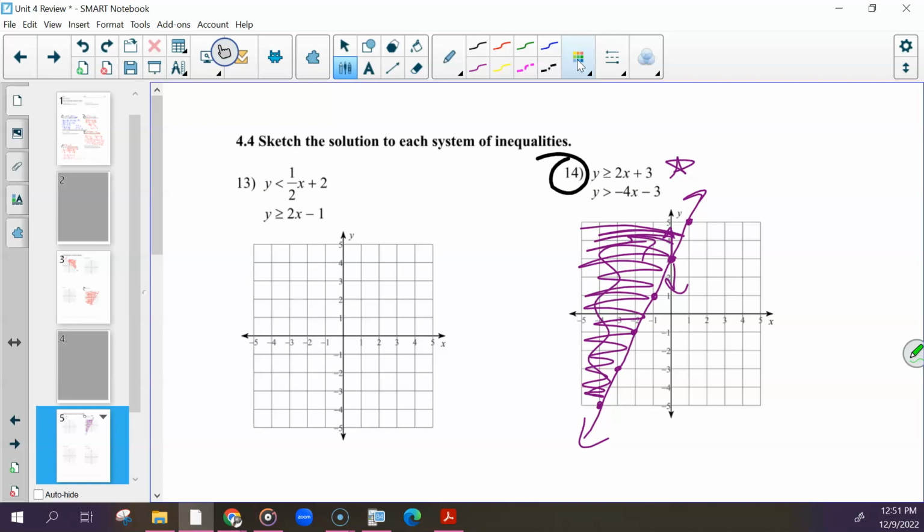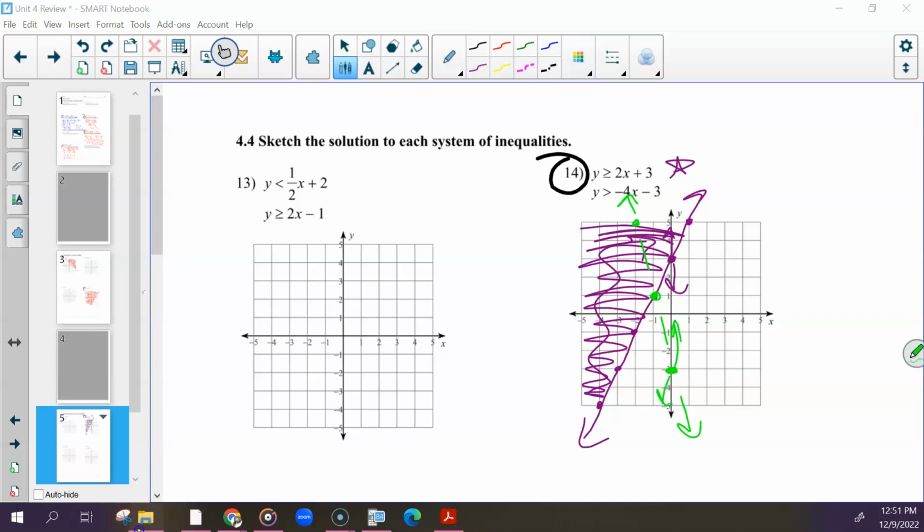And then the other one would start at -3. Slope is -4. We can't go down, so we can go up 4 to the left 1 as many times as possible. This would be a dashed line, also shaded above.